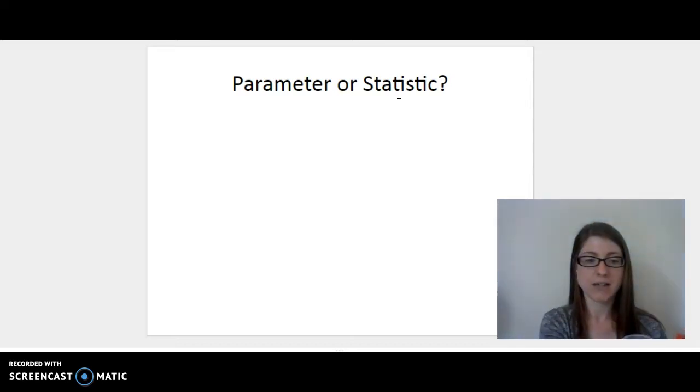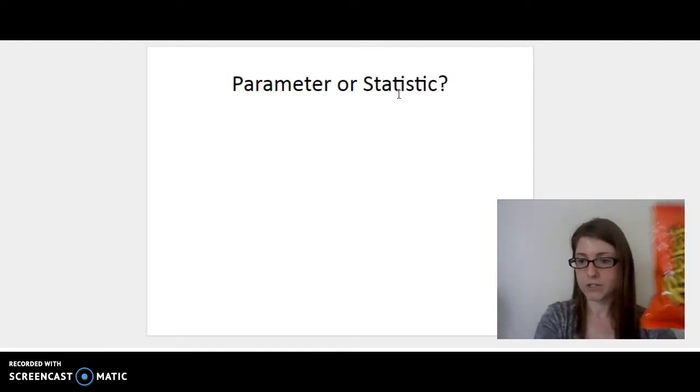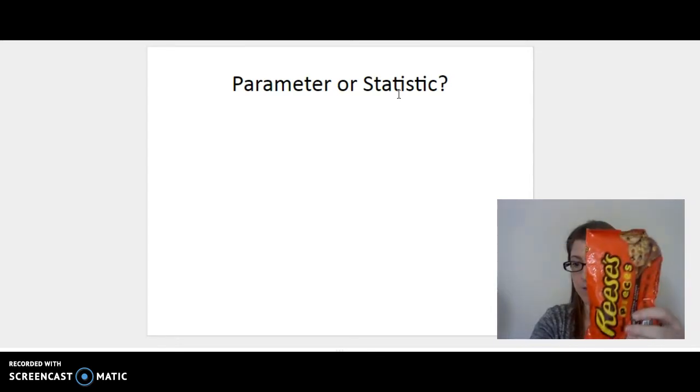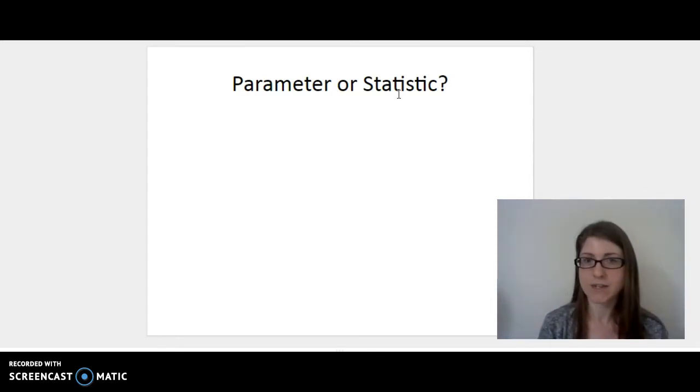So we might start to ask questions about percentages, the percentage of yellow Reese's Pieces or brown Reese's Pieces, and start thinking about what's true about my sample, what's true about my population. These are important concepts for us because we're really going to be working on connecting parameters and statistics throughout the course, and we want to understand how those two terms relate to samples and populations.